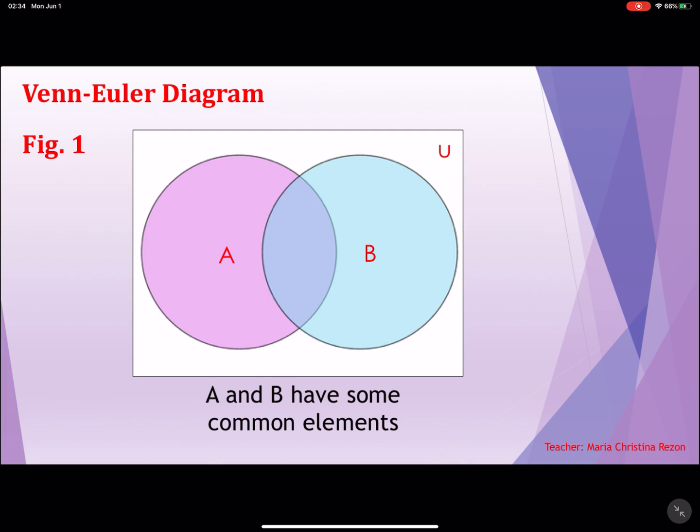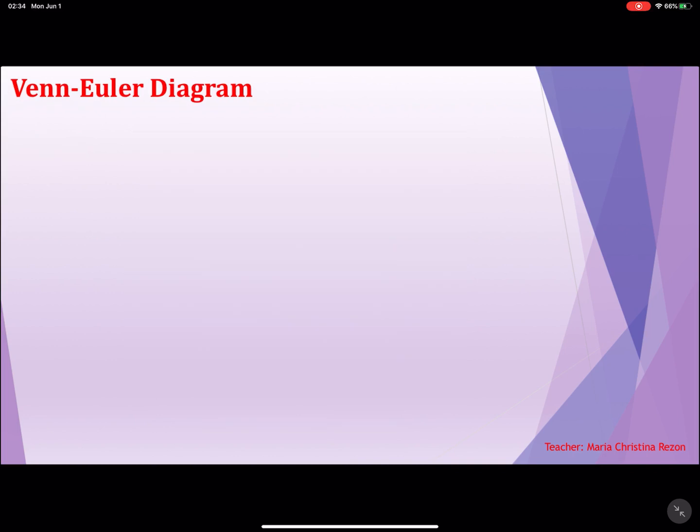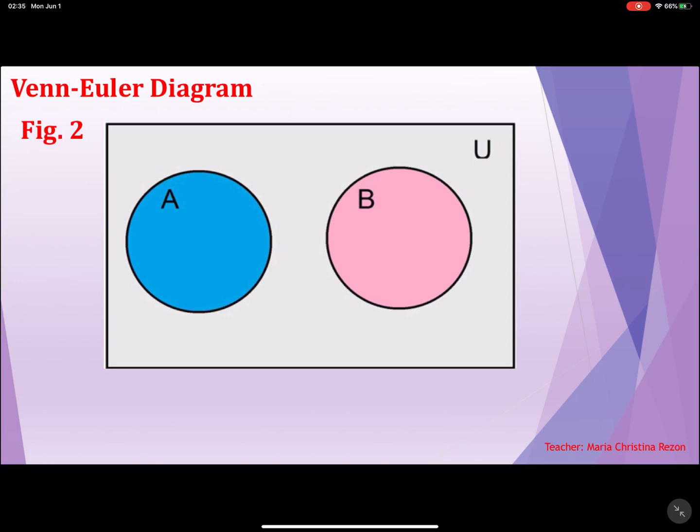Inside the universal set, you have sets A and B, and this part here is the common elements of A and B. Then figure 2: both A and B are inside the universal set, but A and B are separated, disjoint, so we call set A and set B disjoint sets.